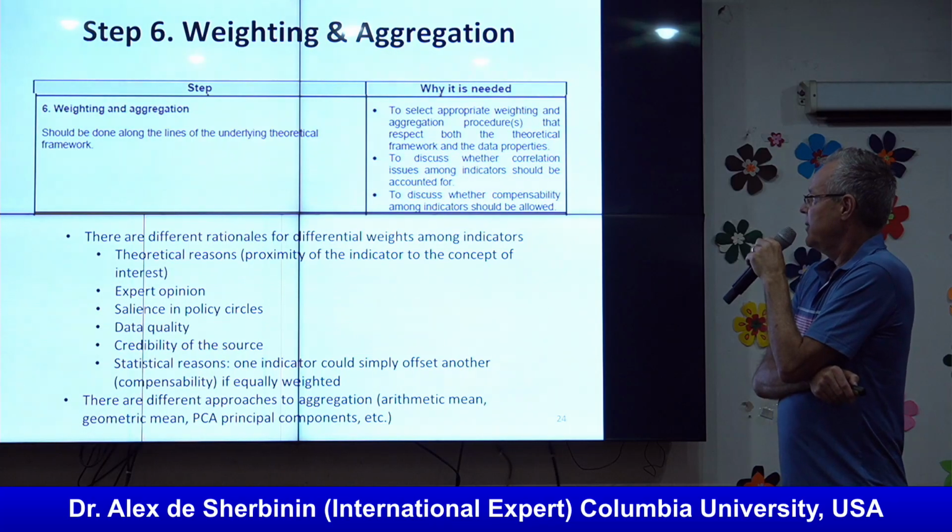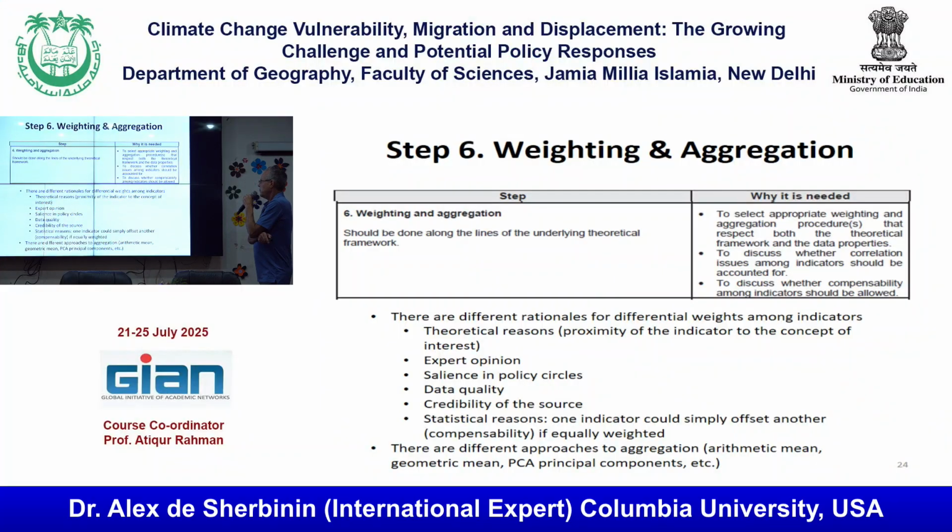Let's take a look here. There are different rationales for different weights among indicators. You could have theoretical reasons. Some of those indicators in a particular subcomponent might be more closely related to the topic you're really interested in.